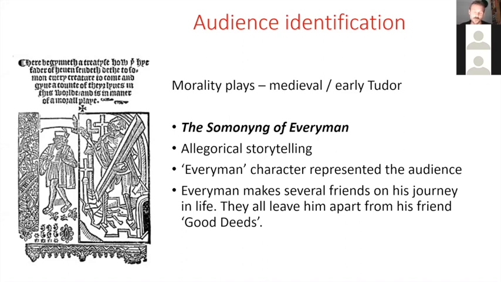For example, it's really interesting to think of this because the audience for Shakespeare were aware of audience identification. Prior to Shakespeare's theatre, in the early time of the Elizabethan age, there were morality plays, and with the morality play was audience identification. It was a character. They were largely allegorical, and the audience was a part of the story, hence why we have the character Everyman.